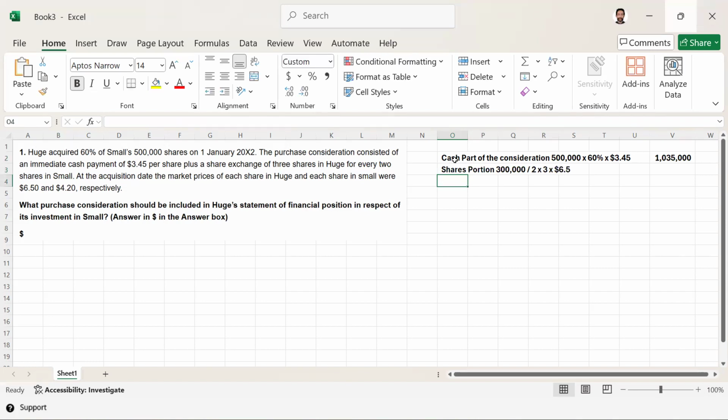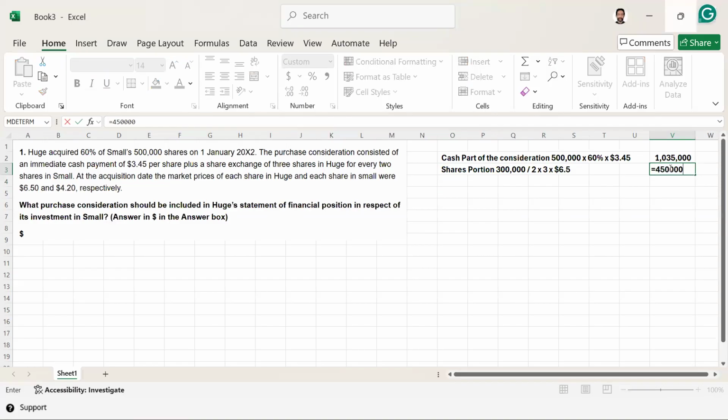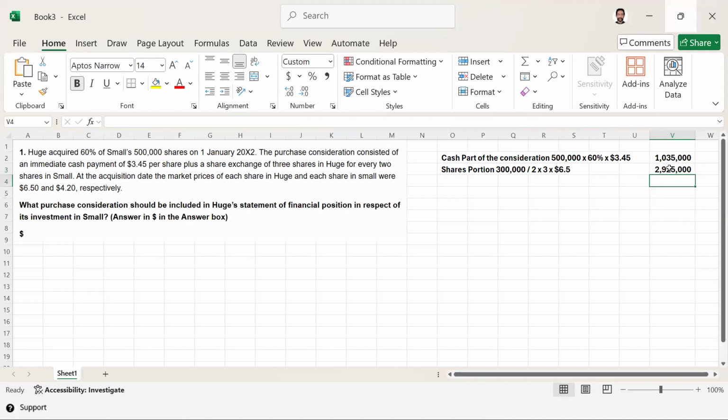The requirement says plus a share exchange of 3 shares in Huge for every 2 shares in Small. So we divide 300,000 by 2, which will be 150. 150 multiplied by 3 would be 450, and then 450 multiplied by 6.5 is going to be the answer. So 450,000 shares into the share price of Huge, because we're introducing the shares of Huge. This would be the total consideration.